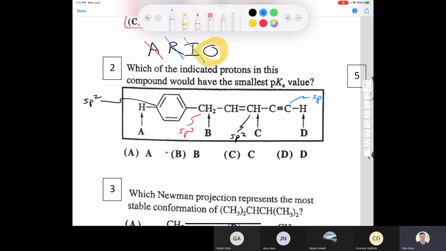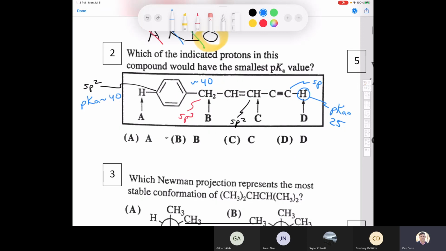So for an sp hybrid orbital, this proton has a pKa of around 25. Whereas the ones that are sp2 hybridized have pKa's around 40-ish. The benzylic ones probably also have pKa's close to 40, so I'll put around 40 for this one. And vinylic is going to have a really high pKa as well.